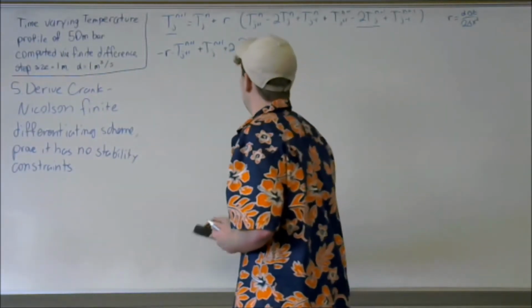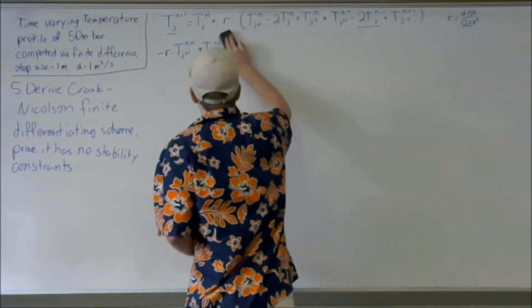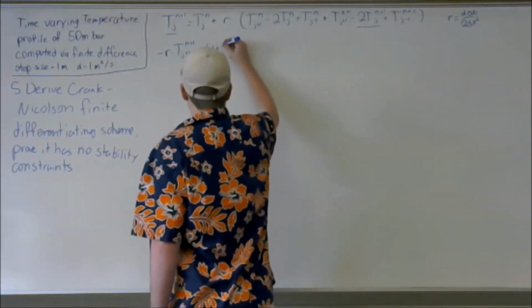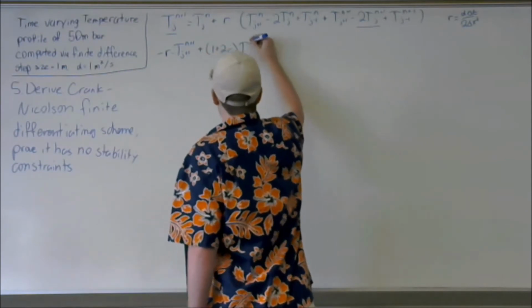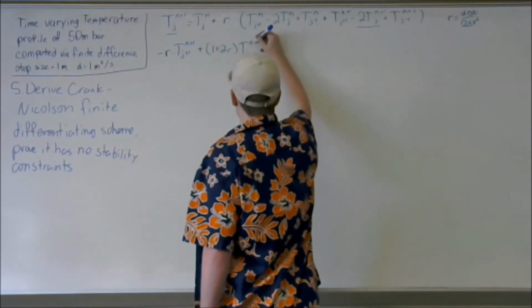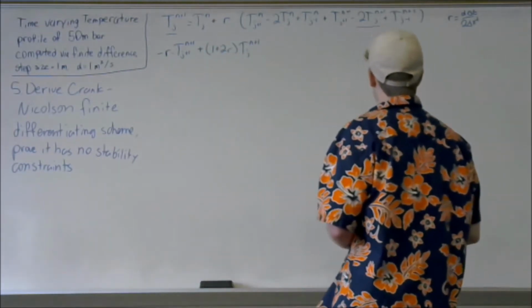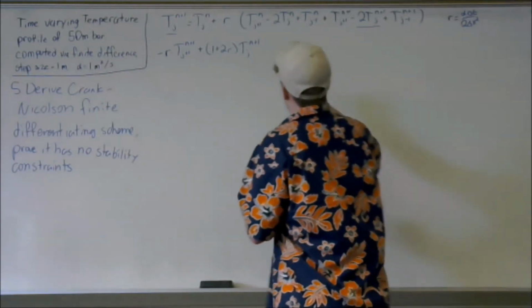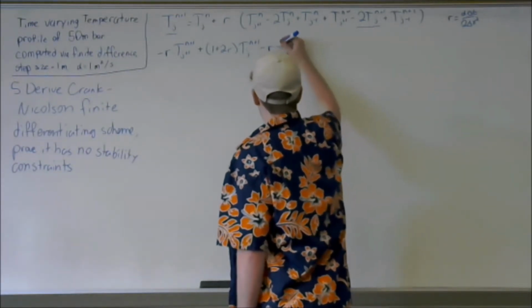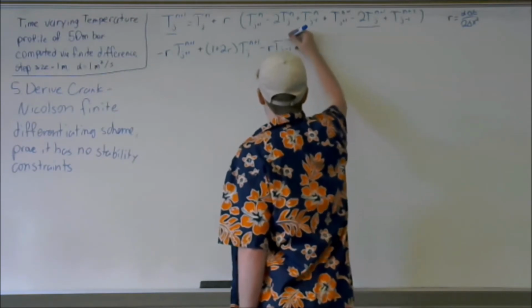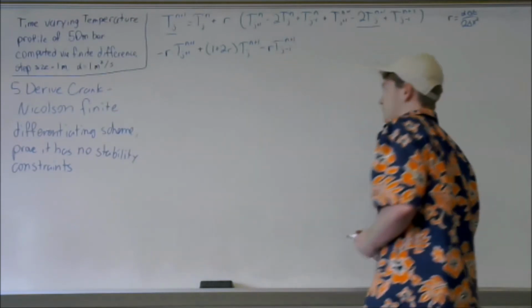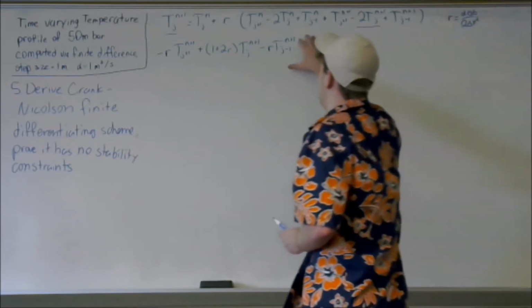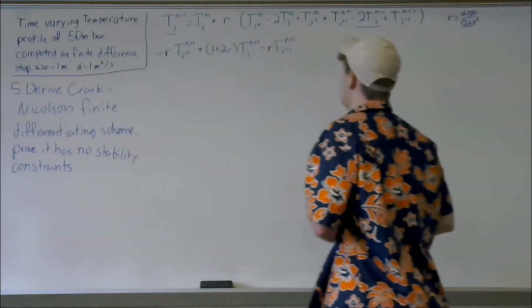We can factor that pretty easily, so that'll be (1 + 2r) T_j^{n+1}, and then we get a j-1 here. Perfect. So it'll be minus r T_{j-1}^{n+1}. That's the left side that has all the n+1 values for the temperatures.